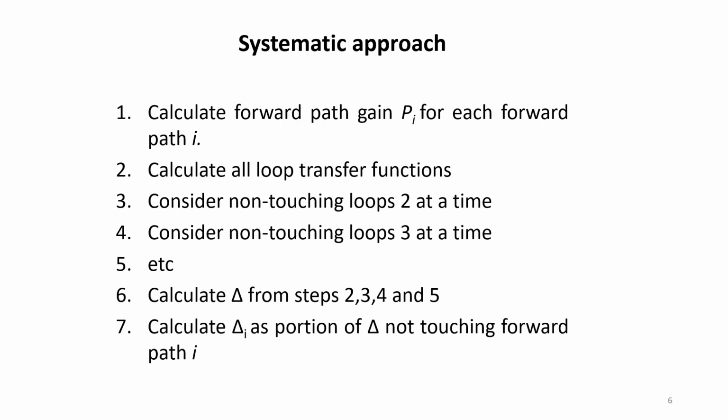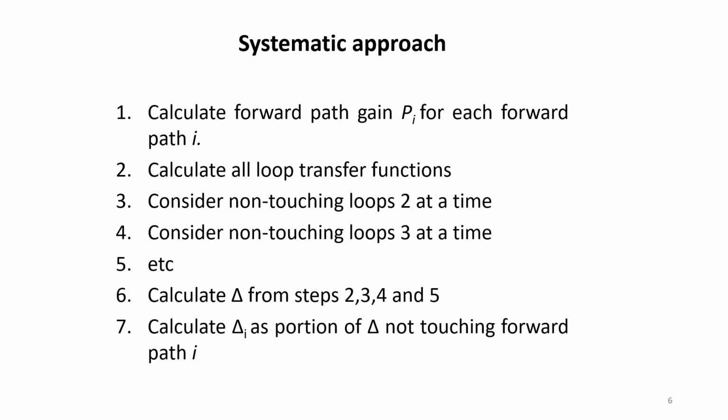This is the systematic procedure that is used to solve the given signal flow graph. The first step is to calculate the forward path gain P_i for each forward path i. The second step is to calculate the loop transfer functions, that is, determine the number of loops and their gains.